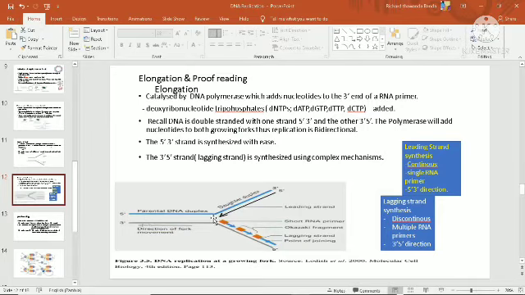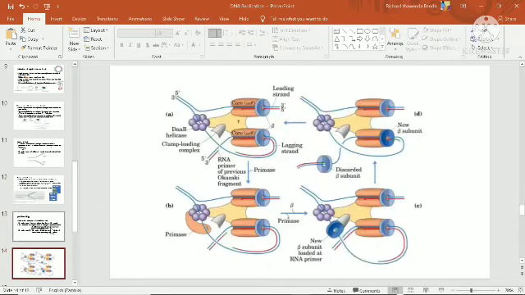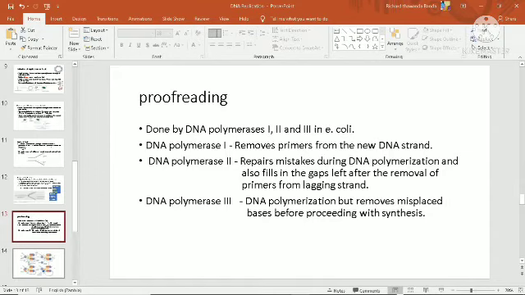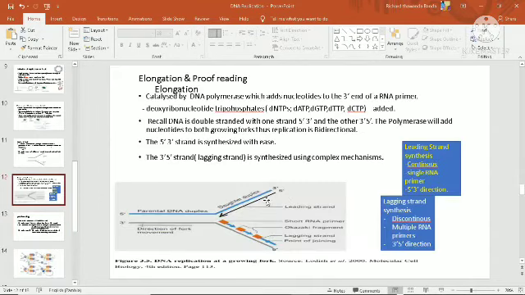For the whole process in prokaryotes such as E. coli, the DNA polymerase will be DNA polymerase 3. It will be synthesizing, and as it goes on, in the event that it adds a wrong base pair, it will change it before continuing, replacing it with the correct one.